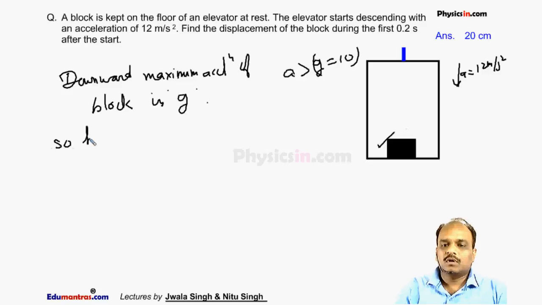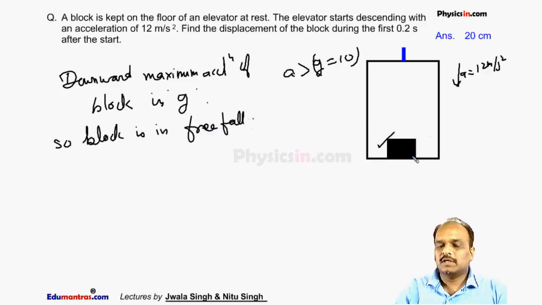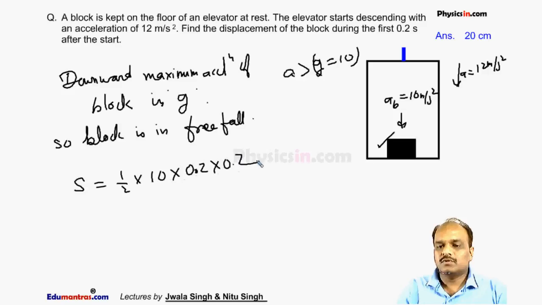So block is in free fall. Means it loses contact with this elevator, and in that situation the acceleration of this block is only 10 meter per second square. So we can say the displacement is 1 by 2 a t squared, it is 10 into 0.2 into 0.2.